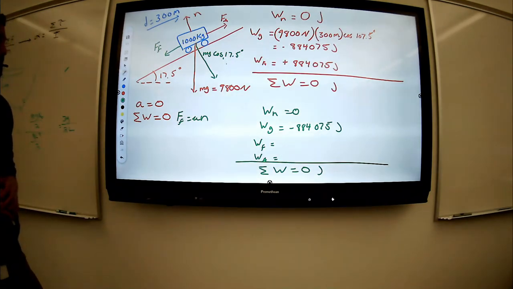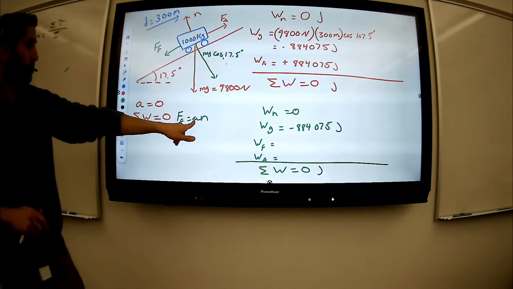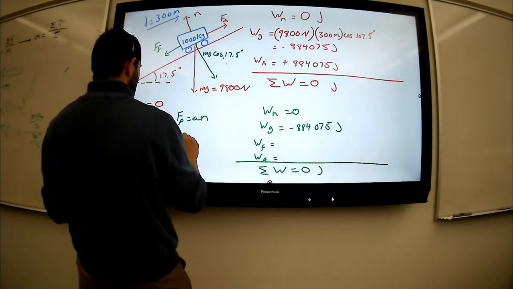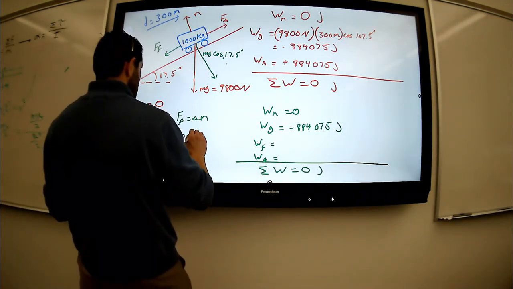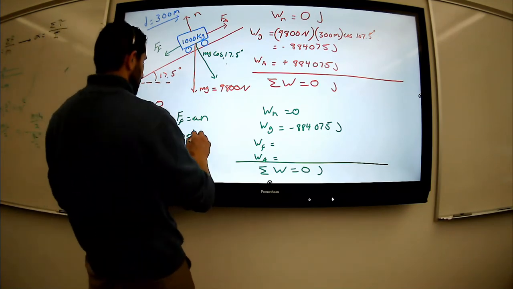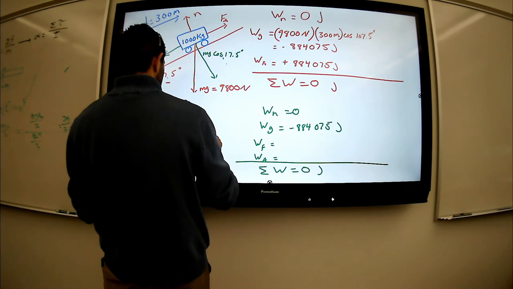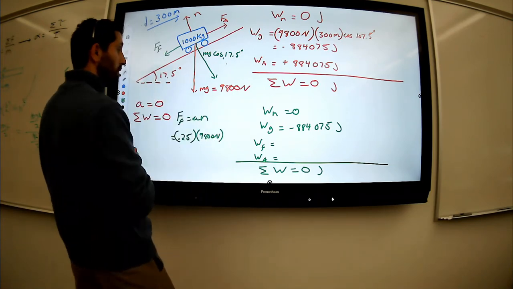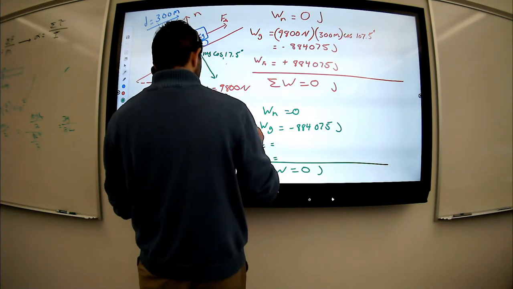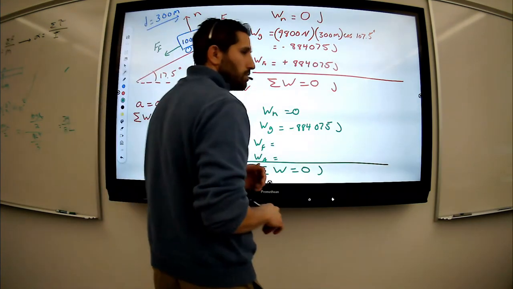Okay? So to do this, I'm going to do 0.25 because that was the coefficient they gave us. And then the normal force is mg, which is 9,800 cosine 17.5. So let's do that.